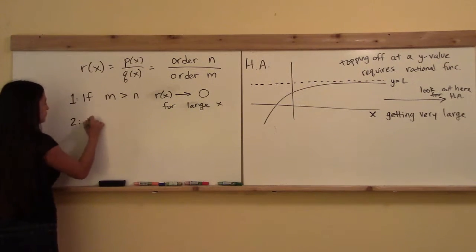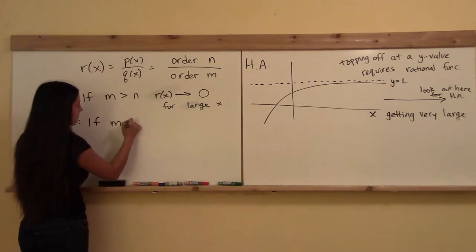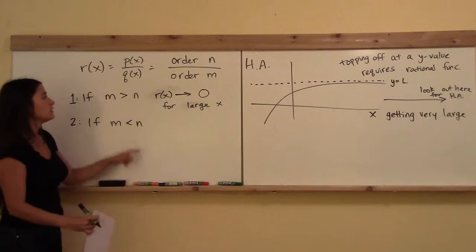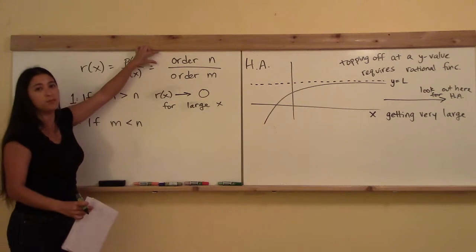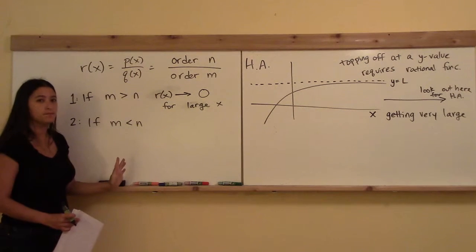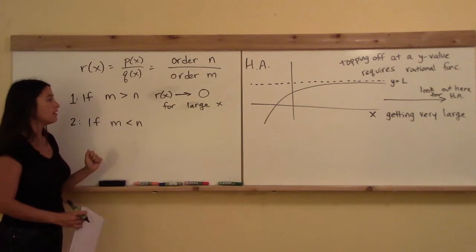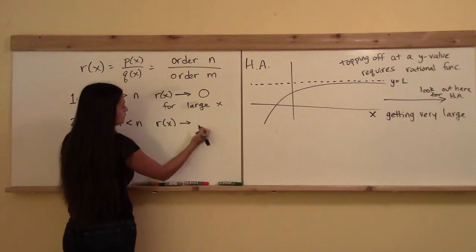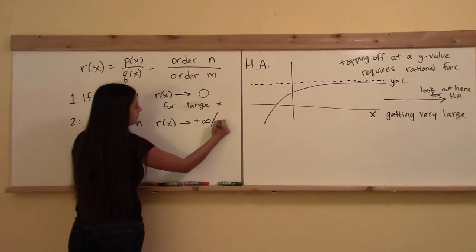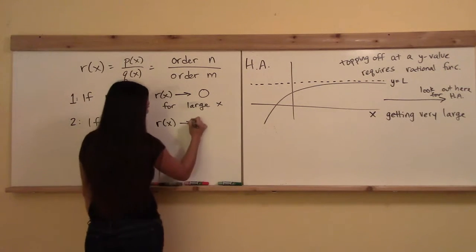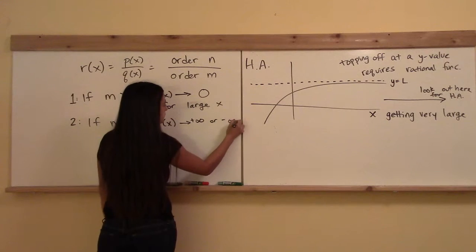Okay, number 2, let's say if m is less than n, this is going to be the opposite case where now we have a higher order on top, so we'll have a much bigger number on the top, and then we'll have a smaller number on the bottom. So what do you think will happen there? For large x, again, this is going to be for large x, it turns out it's going to be either plus infinity or minus infinity.